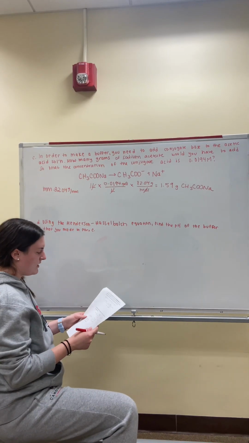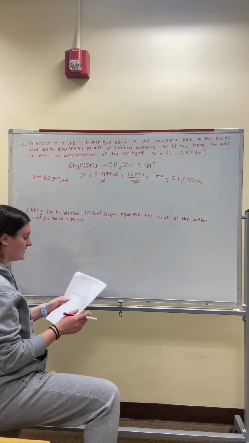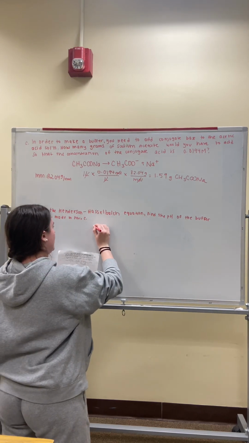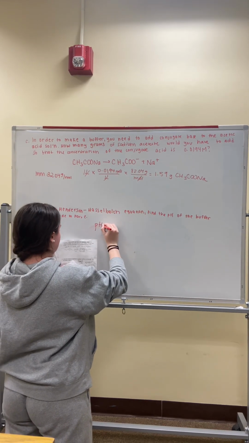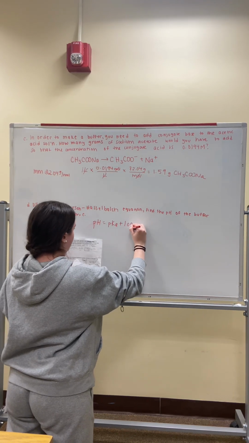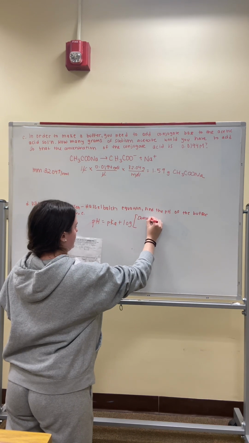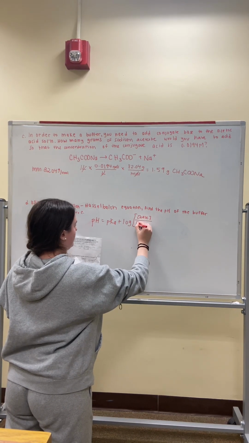For part D, it says, using the Henderson-Hasselbalch equation, find the pH of the buffer that you made in part C. So the Henderson-Hasselbalch equation is pH equals pKa plus log of the concentration of the base, in this case the conjugate base, over acid.